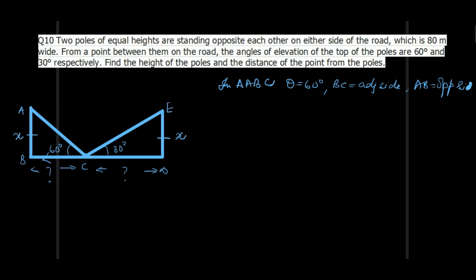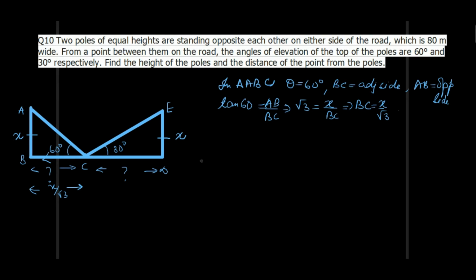So we'll make use of tan 60 degree, tan theta, because tan theta is the ratio of the opposite side and the adjacent side. So opposite side is AB, adjacent side is BC. Tan 60 degree, the value is root 3, AB is x and BC we don't know. So BC will be equal to x upon root 3. So this length BC we have found as x upon root 3.